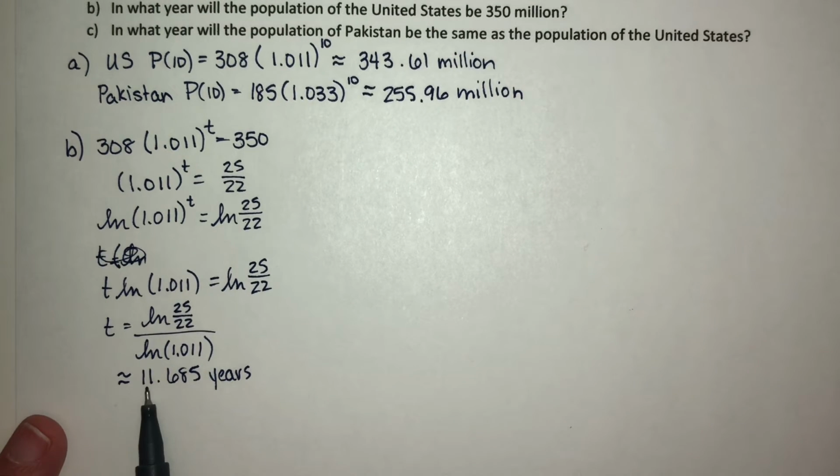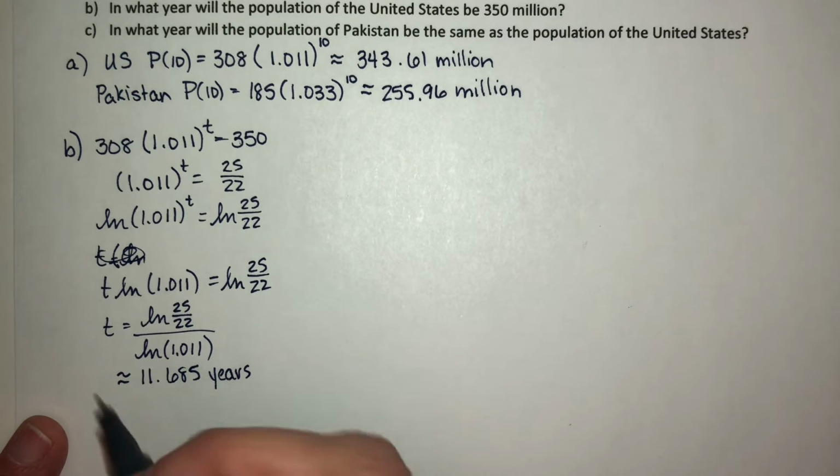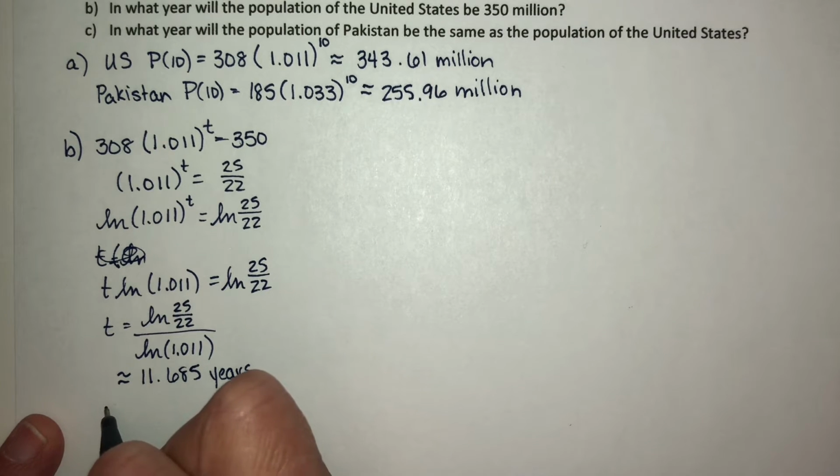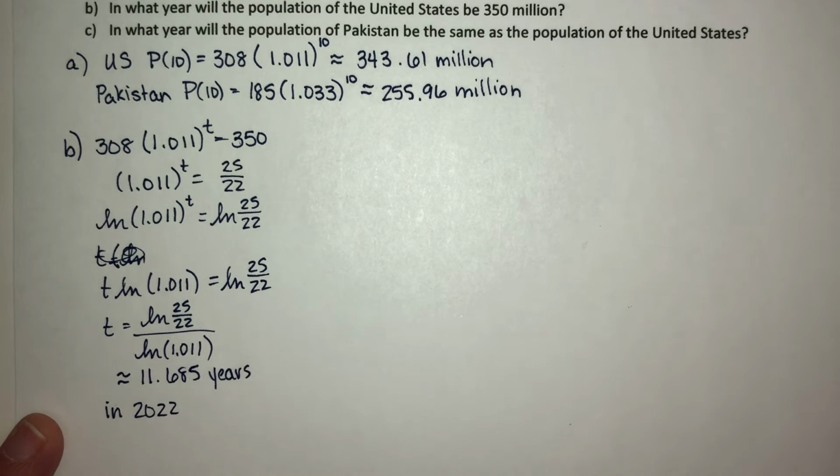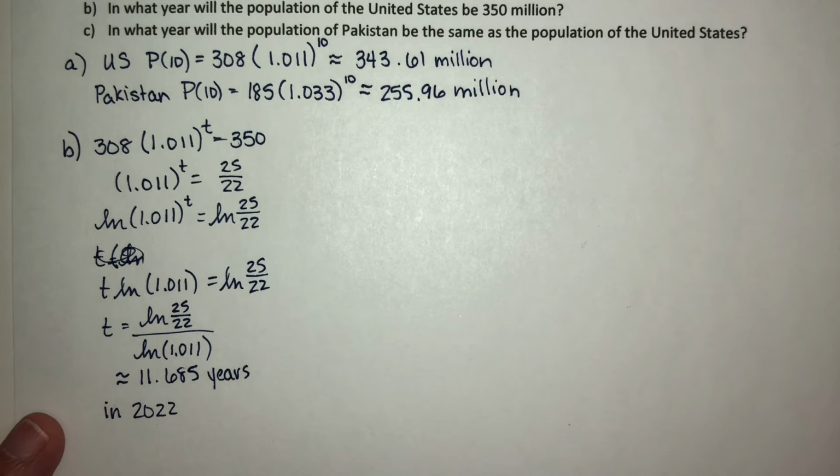So 11 years from 2010 would be 2021, but that will be the last day of 2021, and then we go a little bit more than that. So they're going to say that it happens sometime in 2022, because basically it pushed us into the next year.